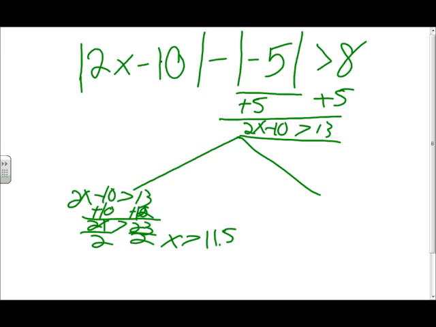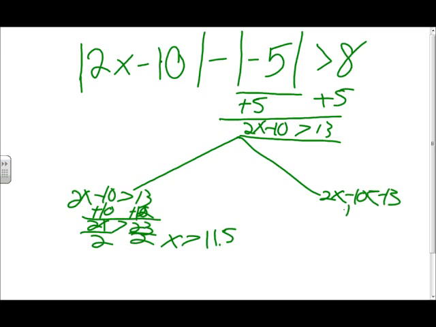And then over here you would have the exact opposite, whichever side you choose. So it would be 2x minus 10 is less than negative 13. Here I did pretty much the exact opposite of what Danny did, and I changed the greater than sign into a less than sign, and then I changed the 13 to a negative 13 instead of flipping everything on the other side.